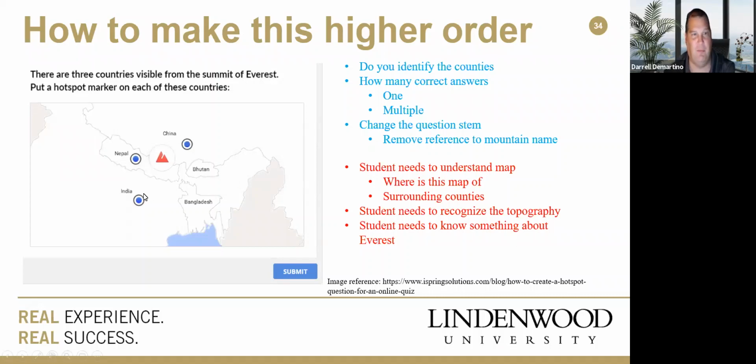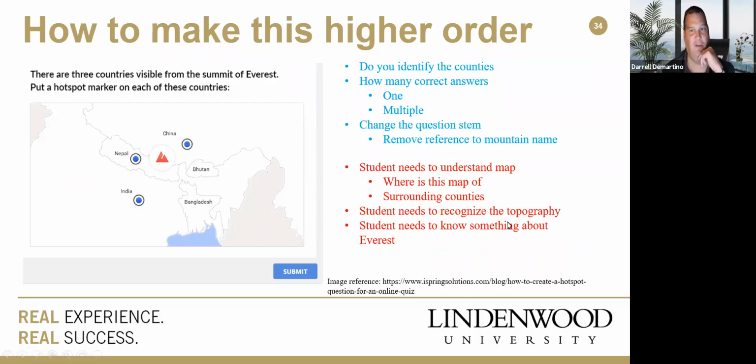So I can make this simply knowledge information all the way up to a much more involved question that says, I better understand what this map is, understand the surrounding countries, understand what this peak is, and then be able to answer that question. And that becomes a multi-level item in the fact that it requires higher level thinking to really be able to apply those concepts.